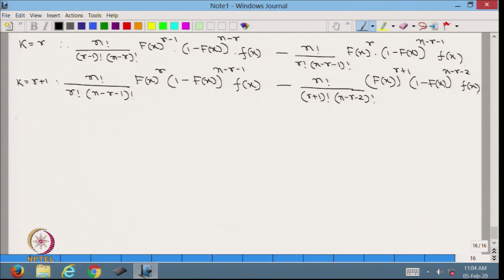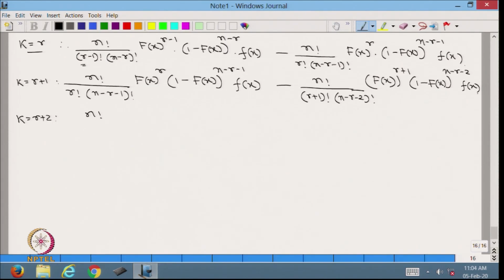Now, let us put k equal to r plus 2. We get this by putting r equal to r plus 2 in this expression.